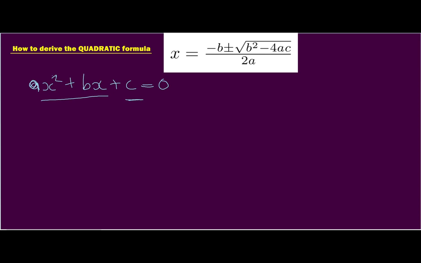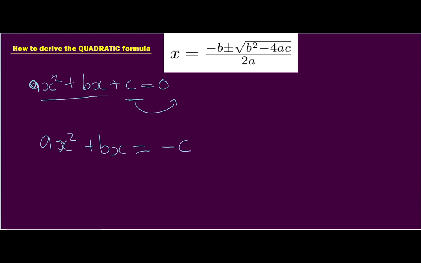So we're going to take this c to the other side, and in doing so we change the sign, because the moment you take a term to the other side of the equation, it changes sign. So we're going to have ax squared plus bx equals negative c, right?